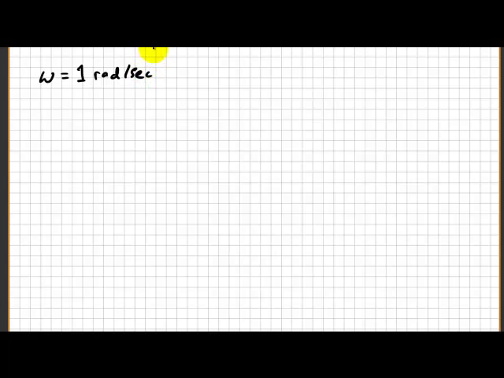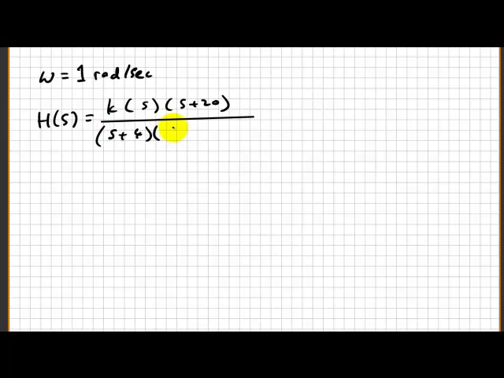That means you substitute that into the H formula, which I can repeat here: H(s) is equal to K(s plus 20) over (s plus 4)(s plus 100) multiplied by (s plus 600) squared, because we have the slope, remember, minus 40 decibels per decade.